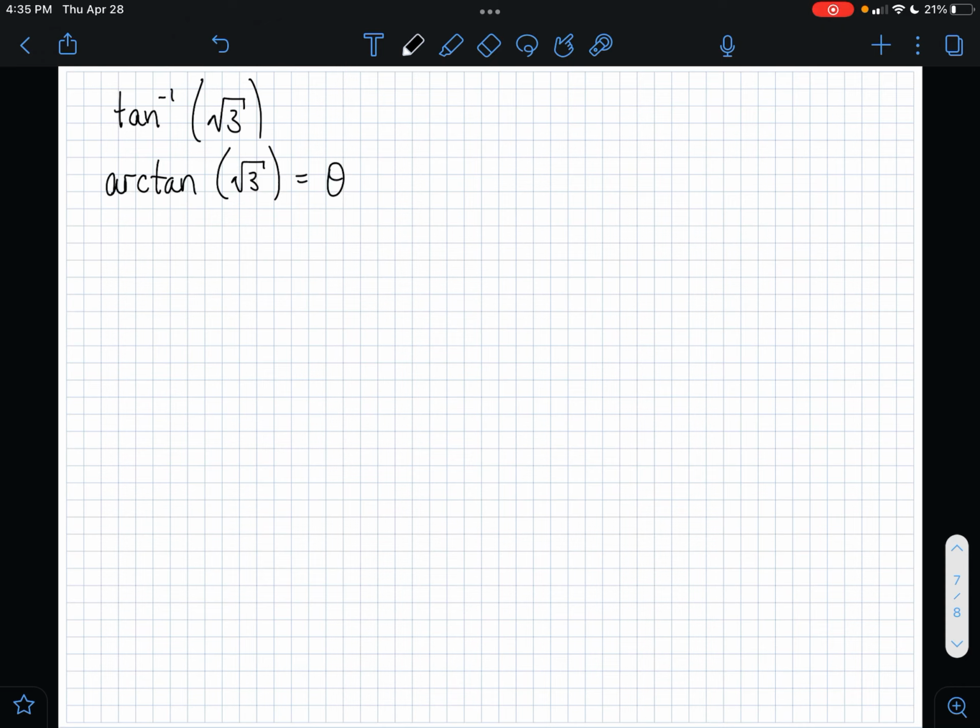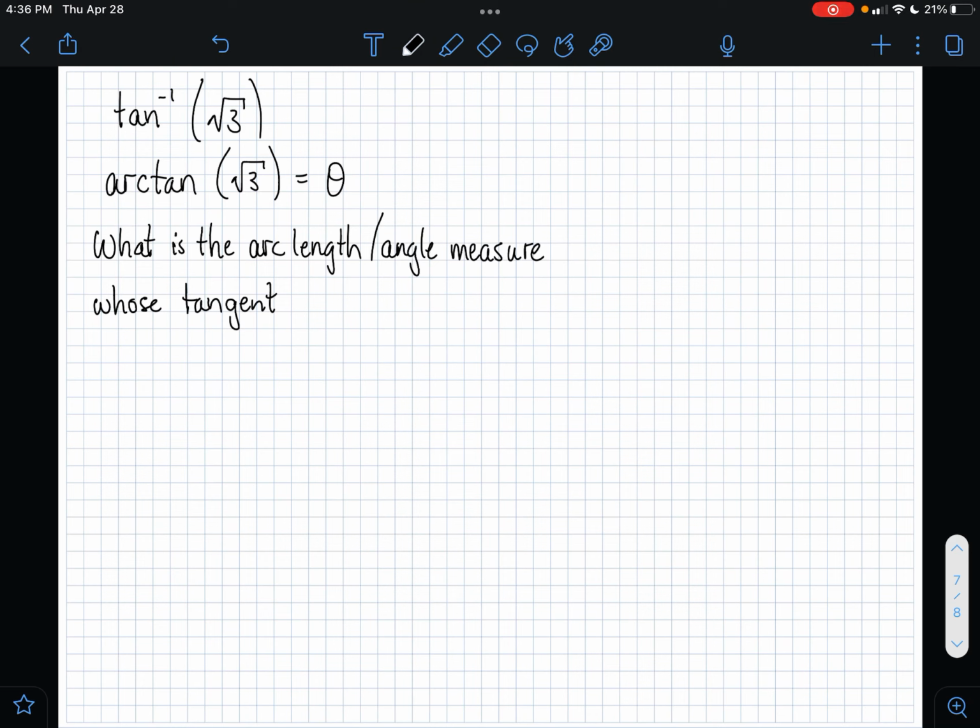So what this is asking is, what is the arc length or angle measure, same thing here, whose tangent value is the square root of 3.